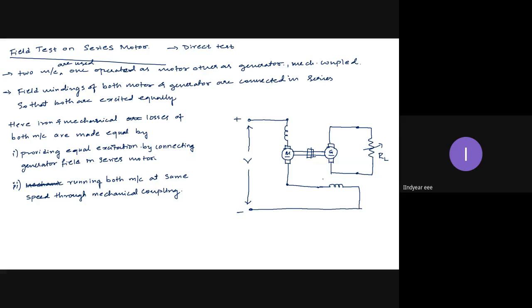I will adjust the speed of the motor to the rated value so that the generator starts generating voltage, and I will vary the load on the generator until the motor reaches its rated current.